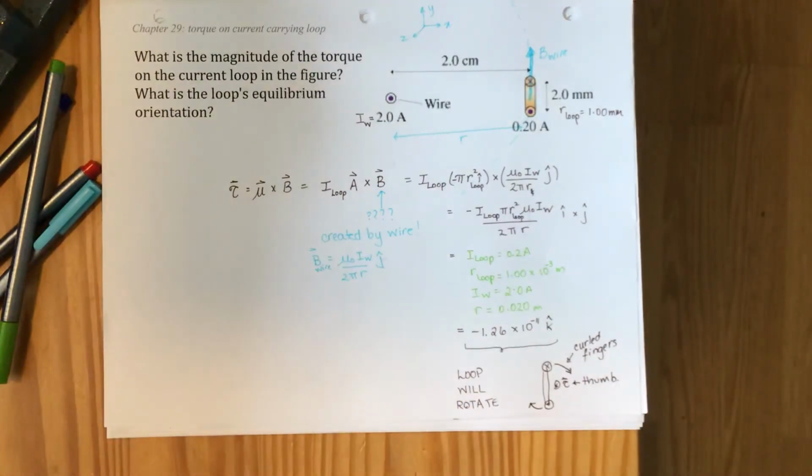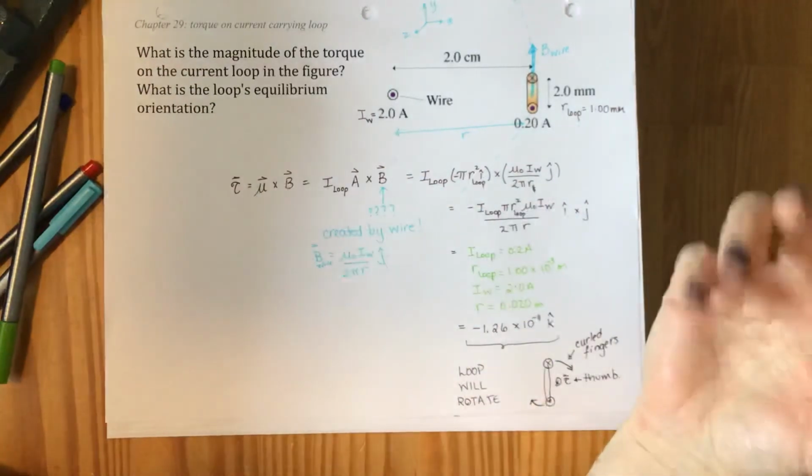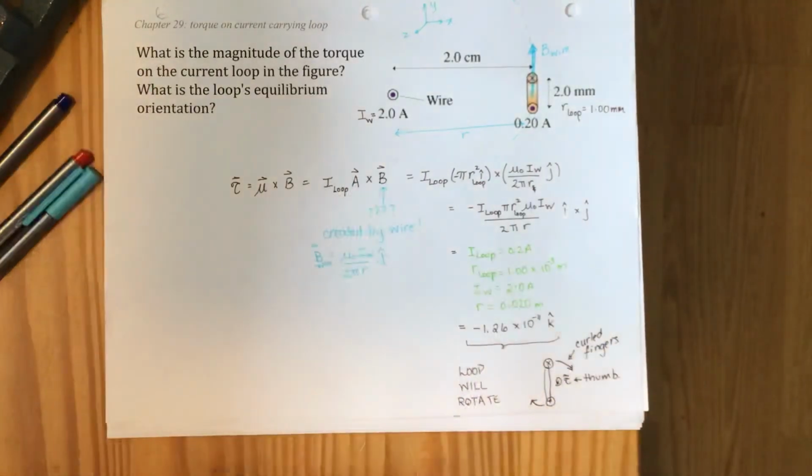And that kind of helps us with the last part of the question. What is the loop's equilibrium orientation? How could we lay the loop so that it wouldn't rotate? Well, we'd have to put it so that the magnetic moment is parallel to the magnetic field.